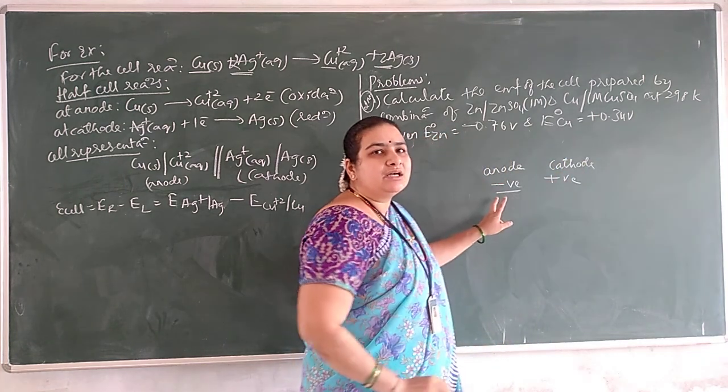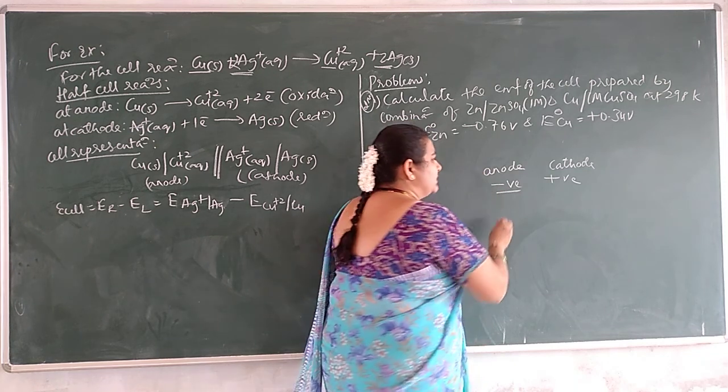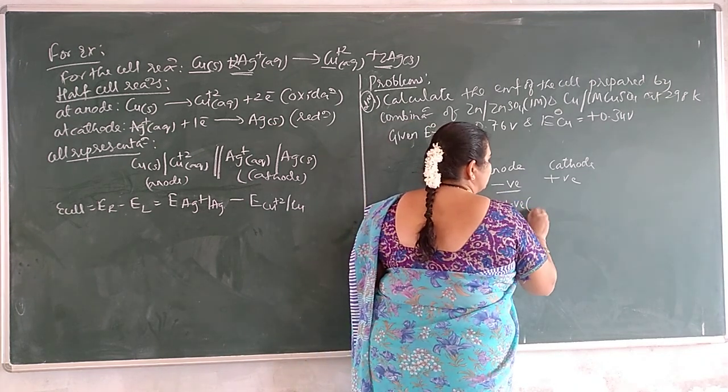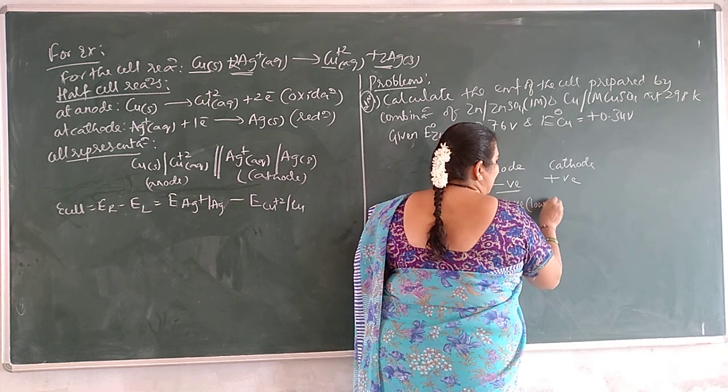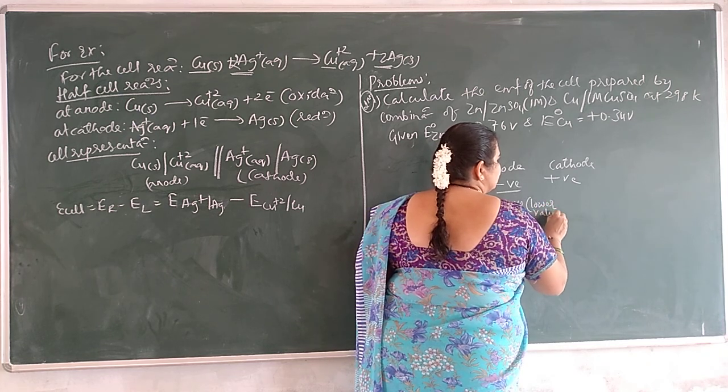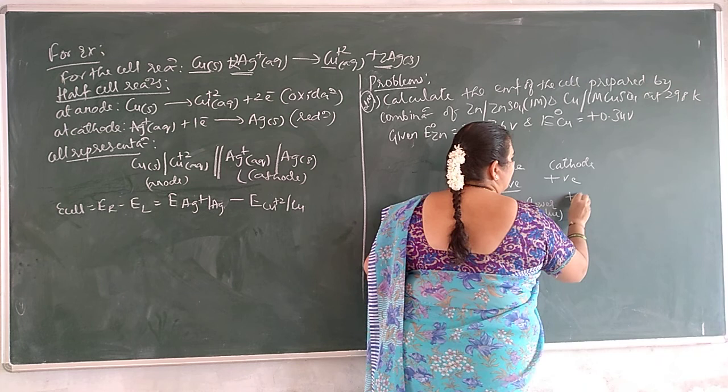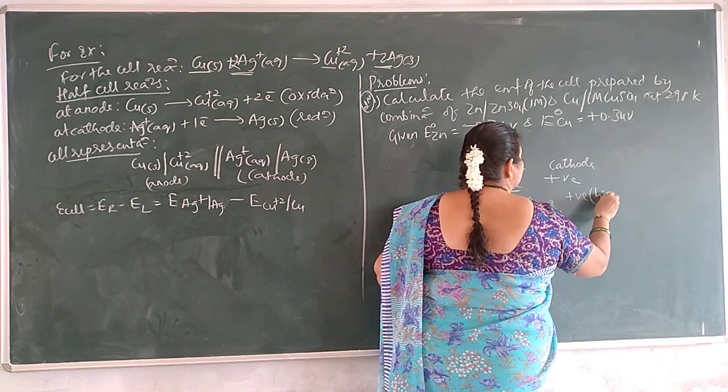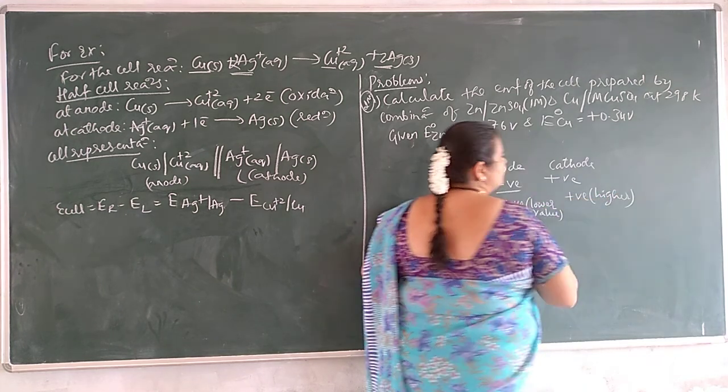If both the values are positive, then the positive with lower value is selected as anode and the positive with the higher value is selected as cathode.